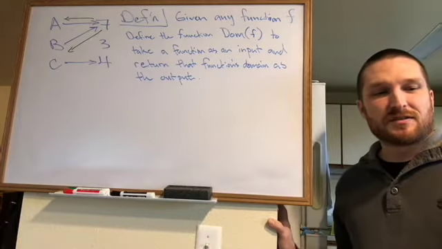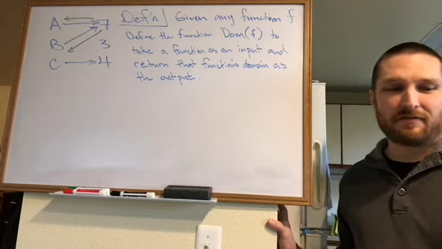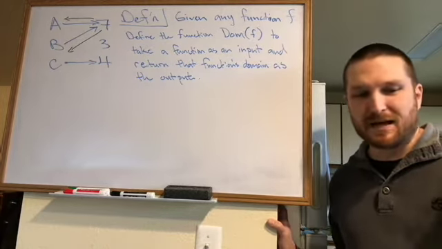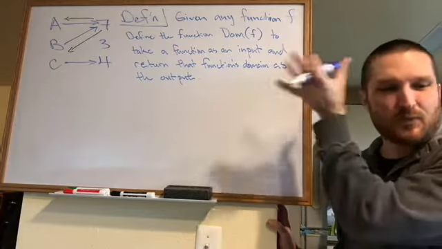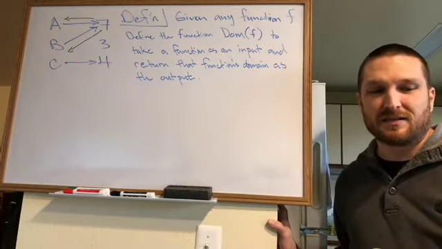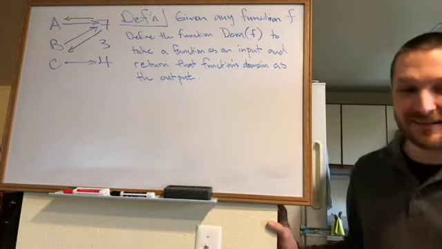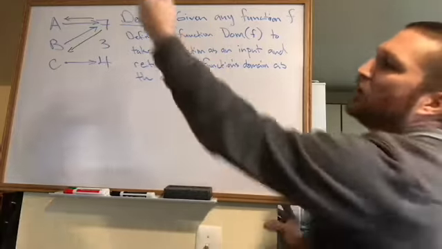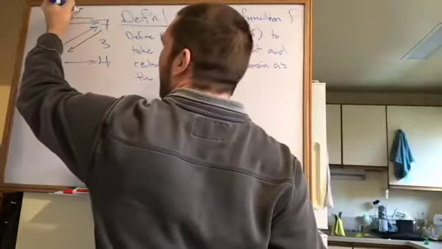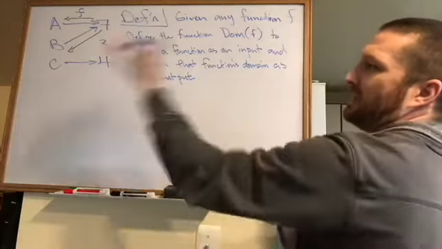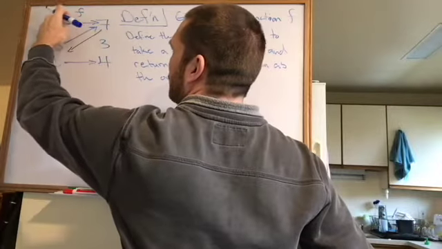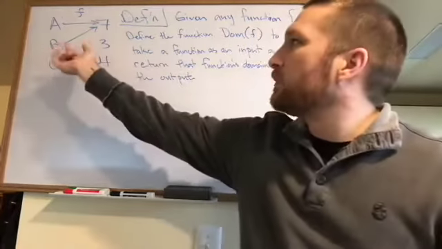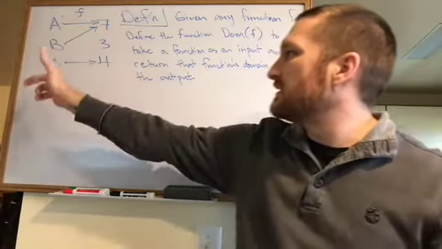Remember how I said we don't want to think about functions as being something you put a number into and get a number out of. That's going to mess us up, because this will be nice for us in the future. This is a function which takes a function as an input and returns that function's domain. So for this function f, let's forget about these black lines going backwards for right now. This function is those ordered pairs: A goes to 7, B goes to 7, C goes to 4.